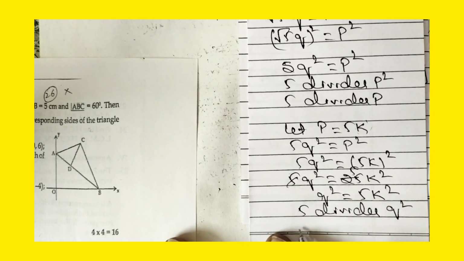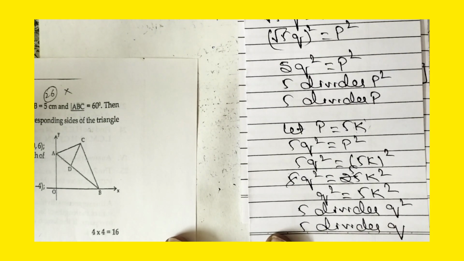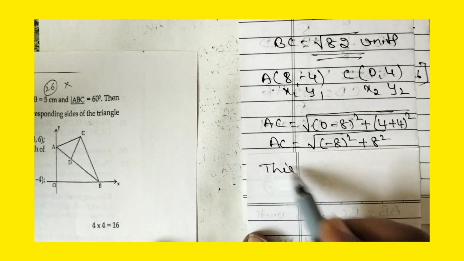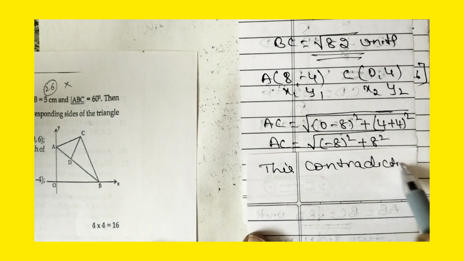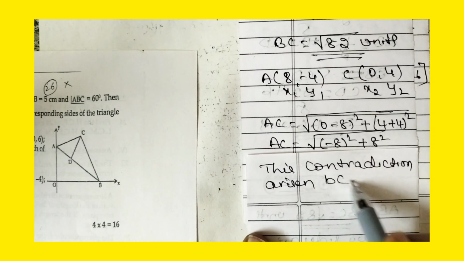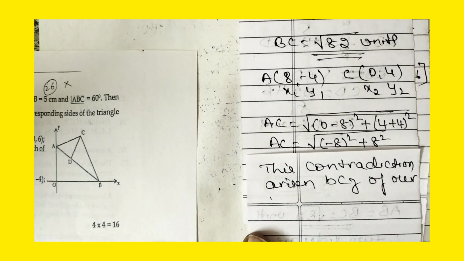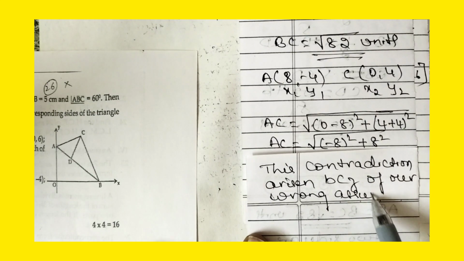So 5 divides Q square. 5 divides Q. So this contradiction has arisen because of our wrong assumption.